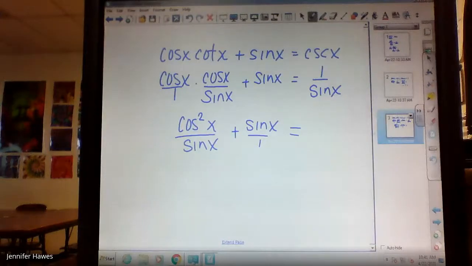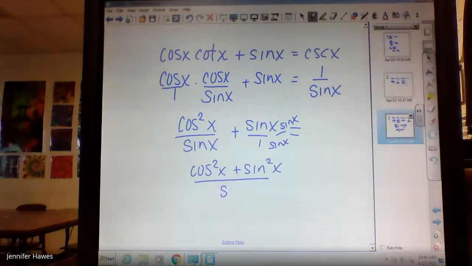All I'm gonna do is take top and bottom times sine x, because one is sine, one is a 1. Can I go ahead and just combine them? Because remember, this will give you sine squared over sine, and since they both have a common denominator, I can add the tops.